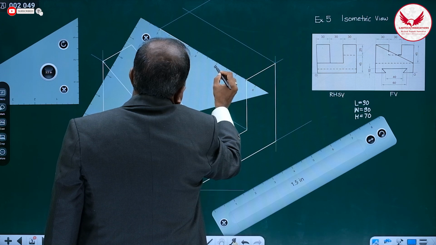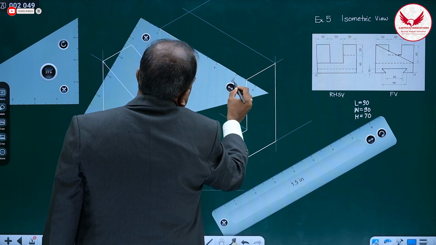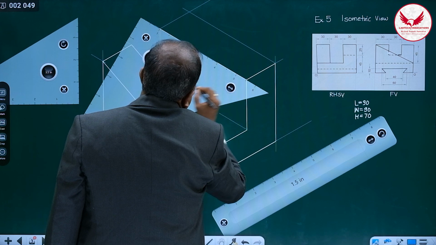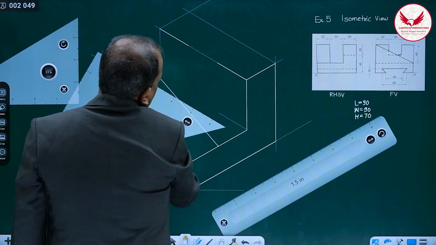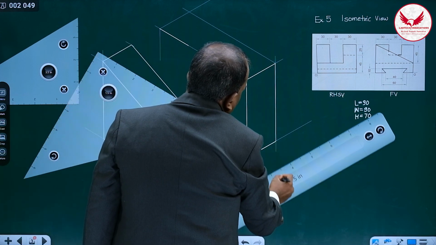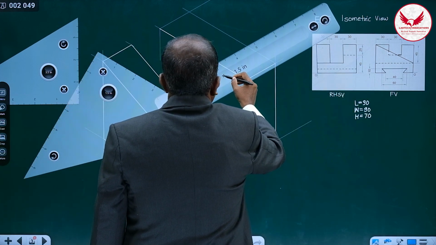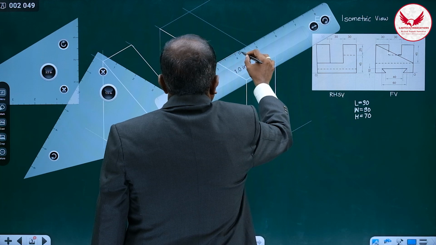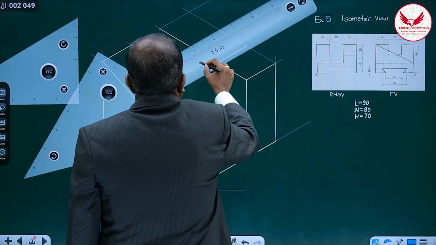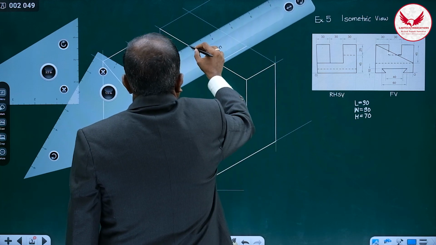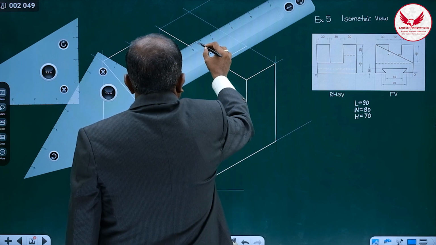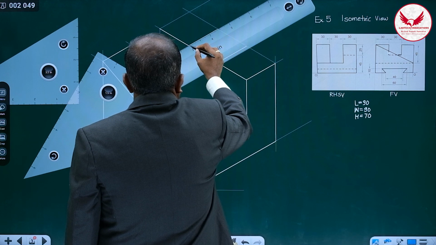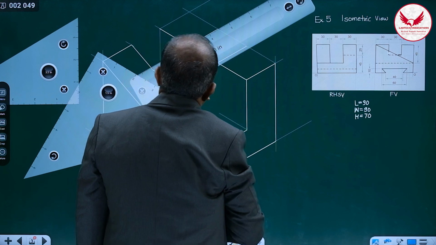So you have to keep that gap and mark like this. Once we mark this, we know this is the slot like this. It is 30. This is 30.